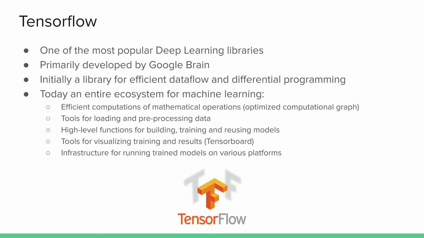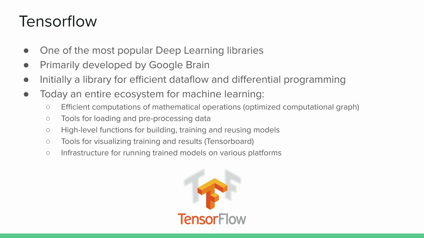One of the most popular deep learning frameworks is TensorFlow. I think it is the number one in terms of stars and forks on GitHub. It's being backed up by Google, and they're promoting this quite aggressively. It's primarily developed by the Google Brain team, and it was initially a library for efficient data flow and differentiable programming, where you were able to compute those linear algebra operations efficiently.